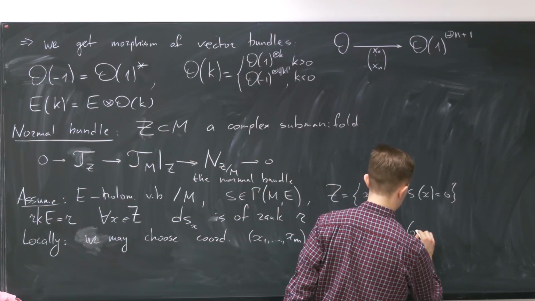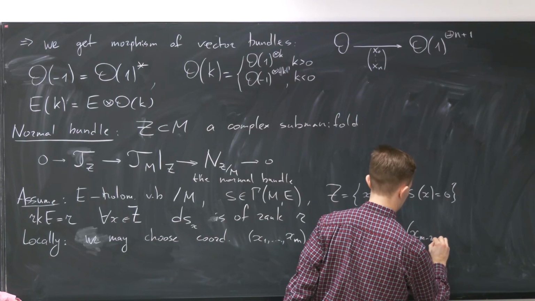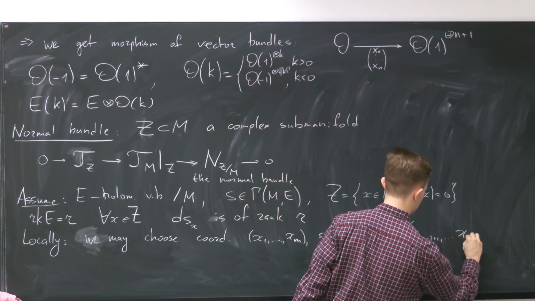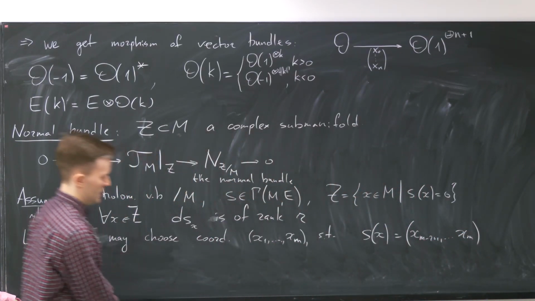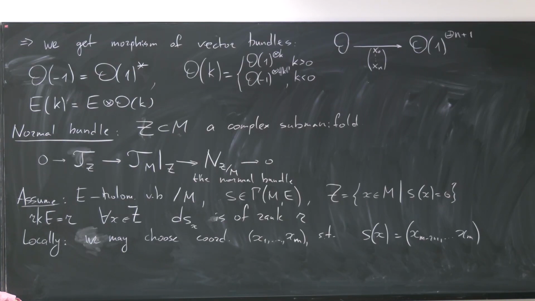So this will be x_{m-r+1}, etc., xm. And then if we choose such coordinate systems around every point of Z, then the transition functions, let's say the transition functions.